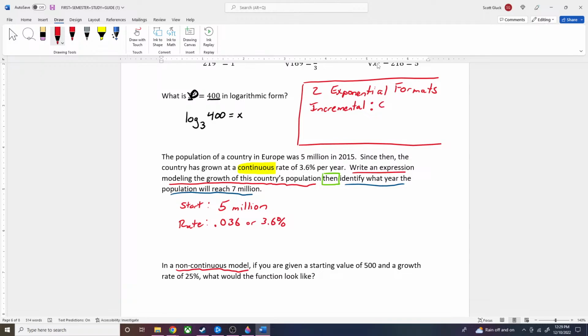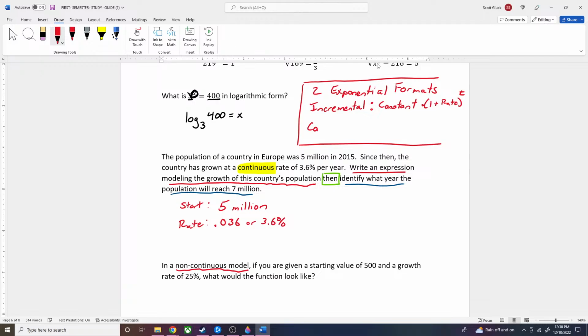Which says you're going to take your constant or your starting value, you're going to multiply it times 1 plus your growth rate, and then raise it to the power of t or x or whatever your variable is, right?